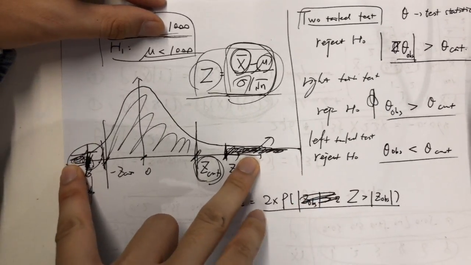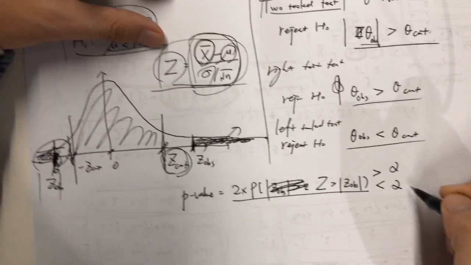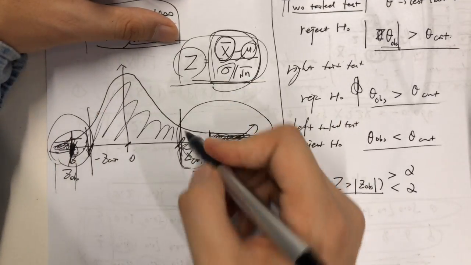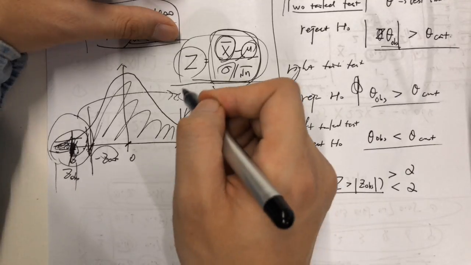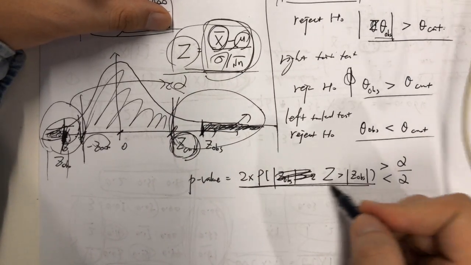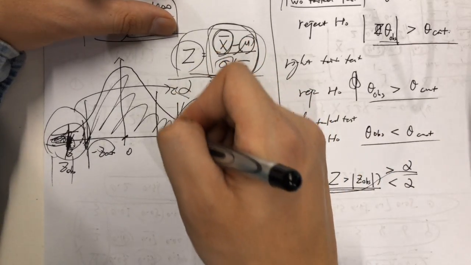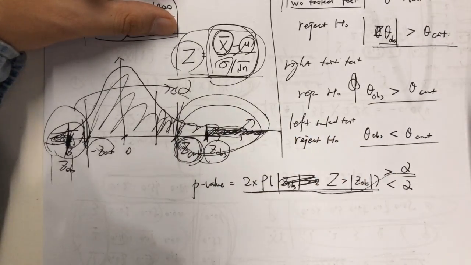This is because we want to compare this p-value with alpha. We want to see if it is greater than alpha or less than alpha, because those two probabilities outside the critical values add together to alpha, right? So if we compare this value with alpha, if it is greater than alpha, this means the value we observed is in this region, right? Because the probability is greater than this, right?